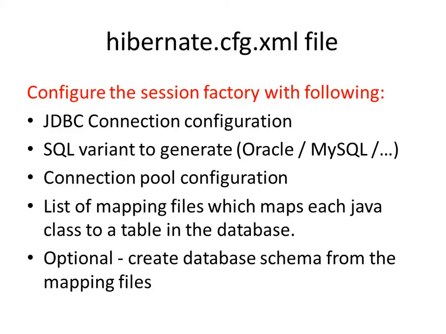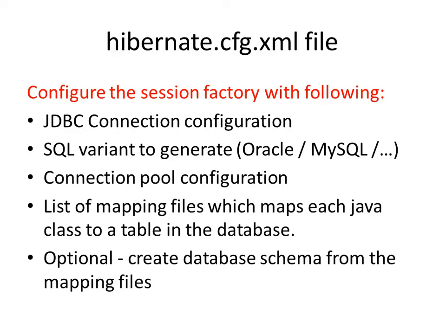And then in this configuration file, you list out all the mapping files which you are using in your application. These are the Hibernate mapping files which map the Java classes to the tables in the database. And finally, you can specify that you want to create the database schema from the mapping files. Database schema is the table structure of all the tables in your database.